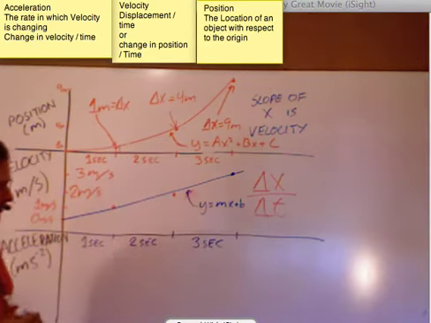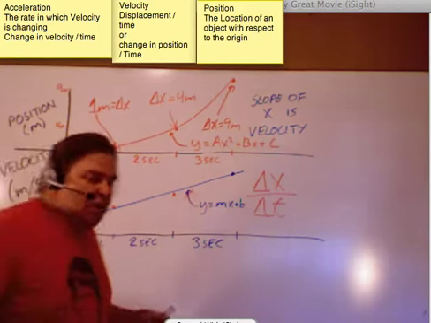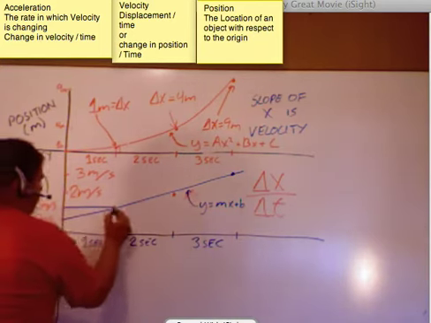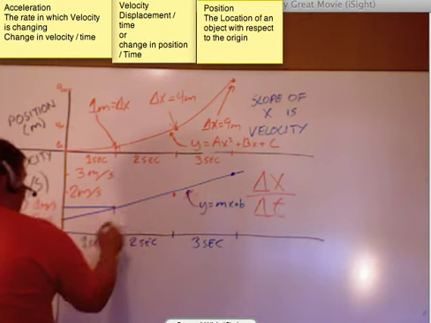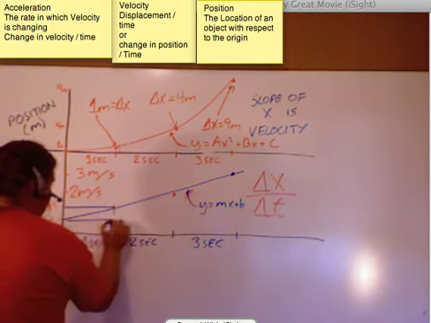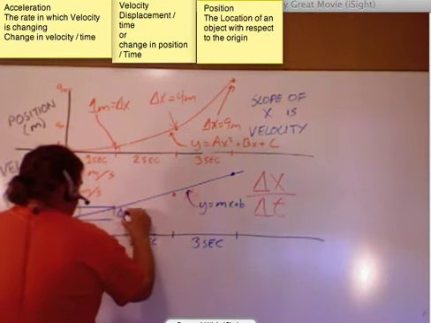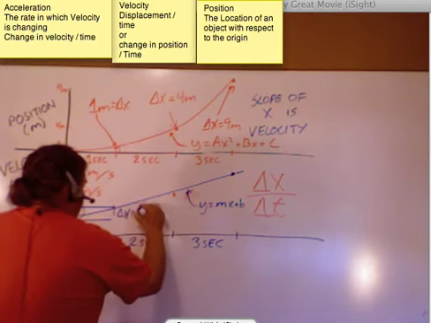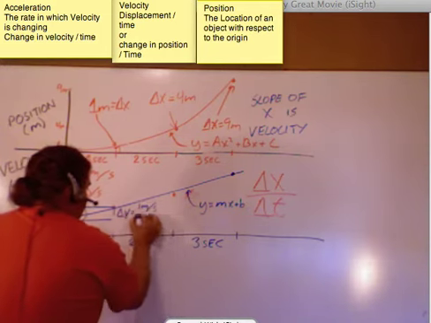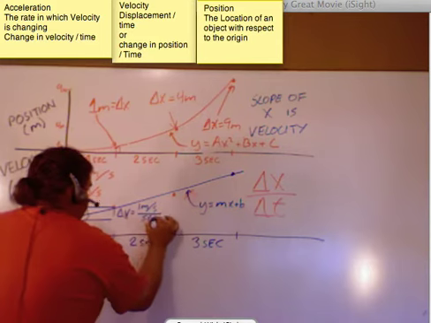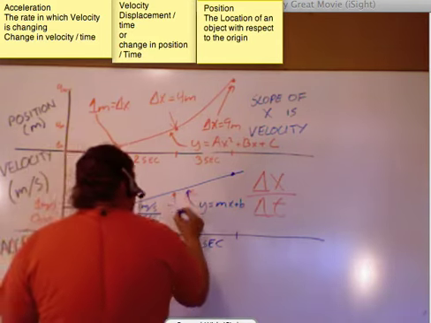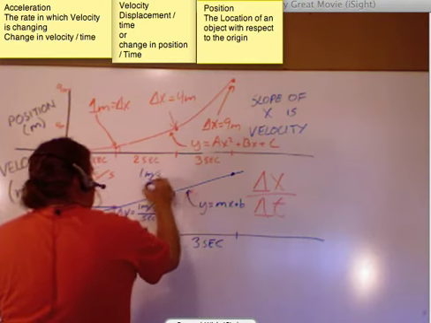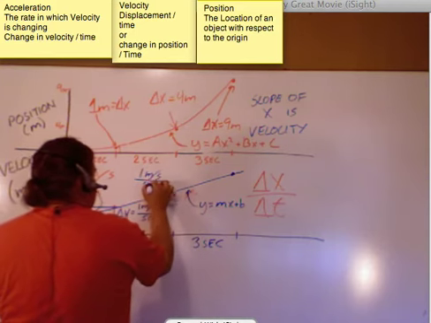Okay? Cool. Now, drawing my acceleration graph, my change in velocity from 0 to 1 second is 1 meter per second per second. If I look at it all over again, I'm going to get the exact same number. Looking at 2 seconds, 1 meter per second per second.